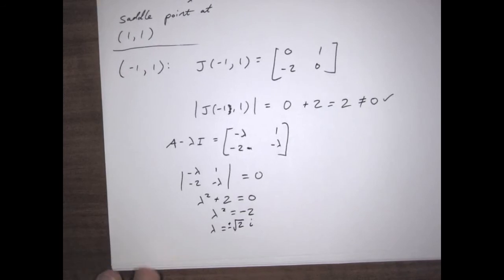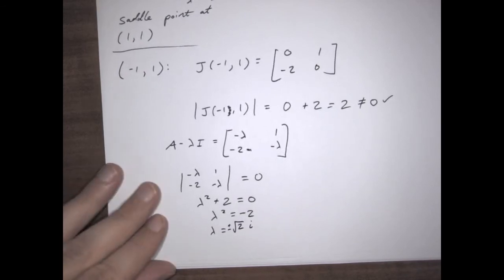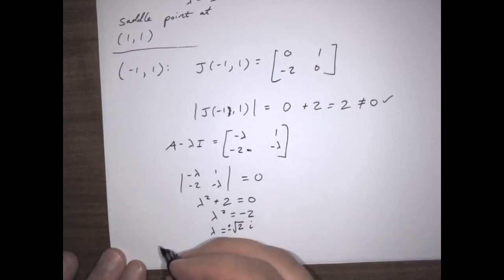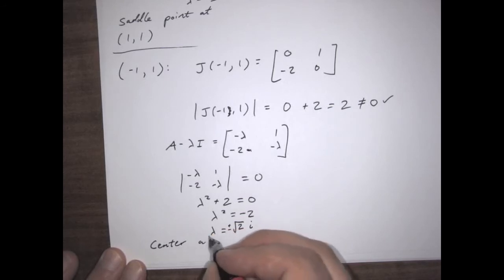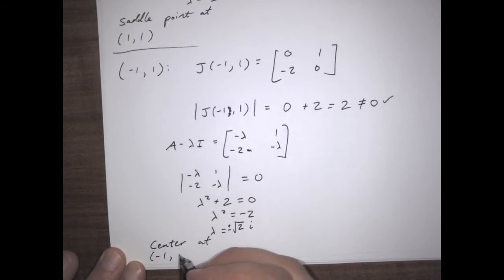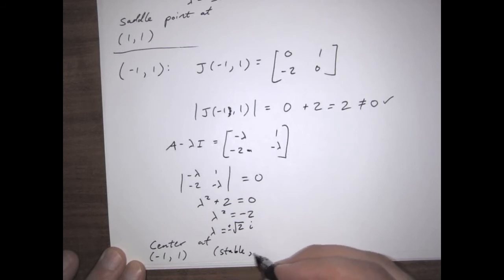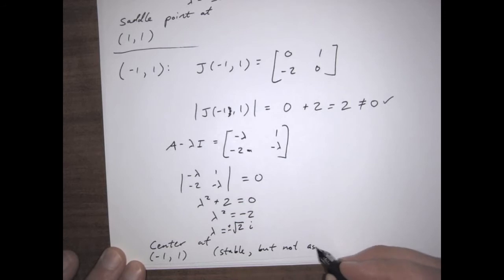So we have a conjugate pair of purely imaginary eigenvalues. So this is going to be a center at negative 1, 1. So it's going to be stable, but not asymptotically stable.